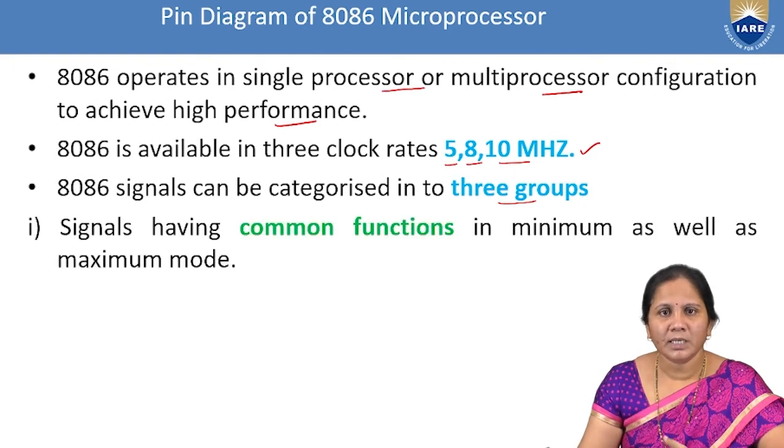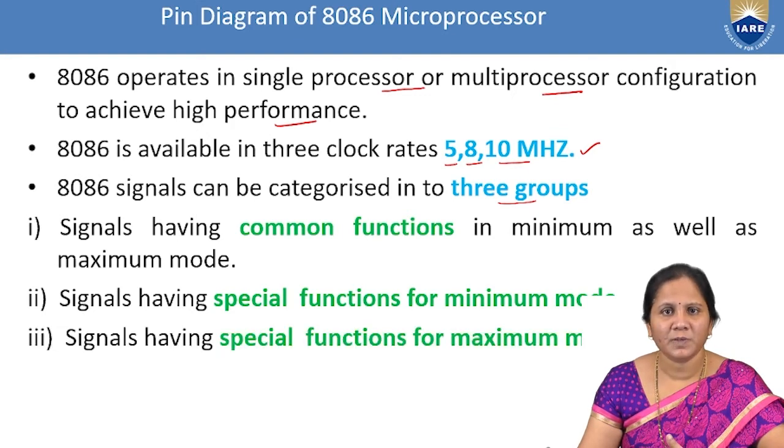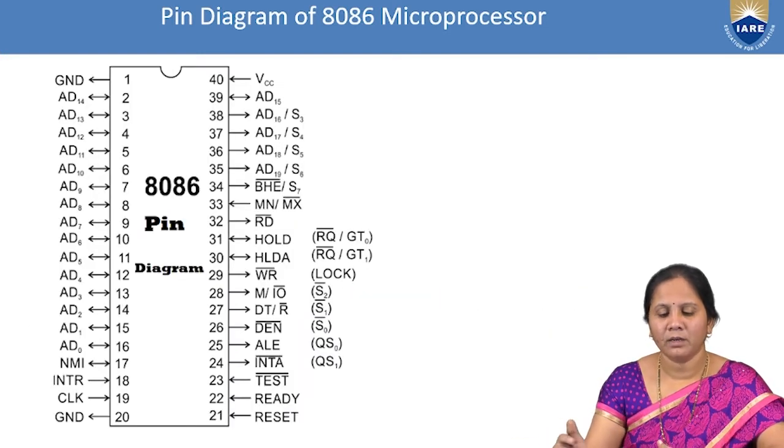Some signals have common functionality in the minimum mode and maximum mode, whereas some signals have special function in the minimum mode and some signals have special function in the maximum mode. Now we will see which signals have common functionality and which signals have different functionality in the minimum mode and maximum mode. And we will discuss the function of all the pins in the 8086 microprocessor.